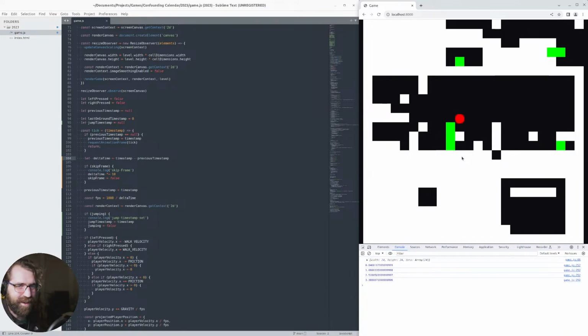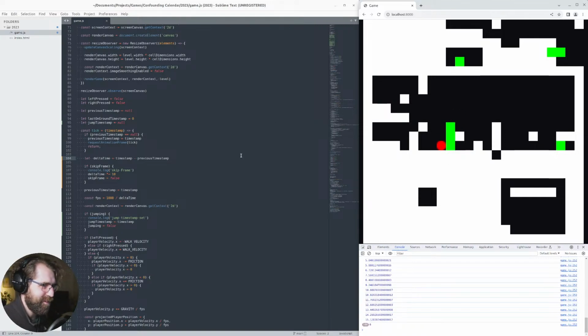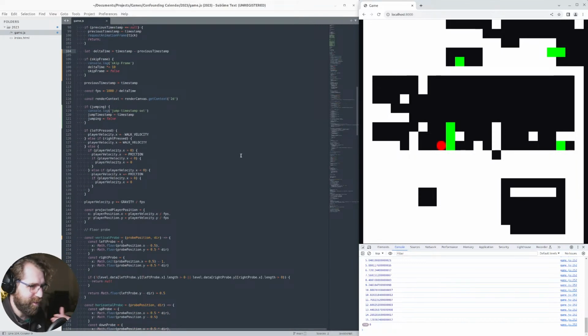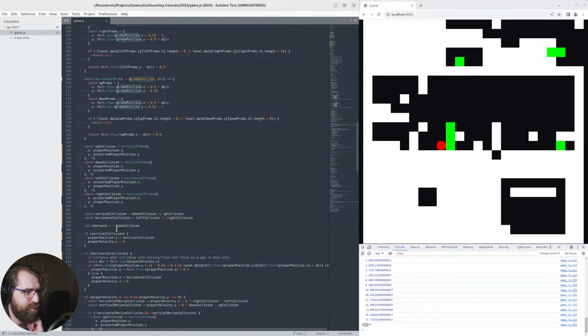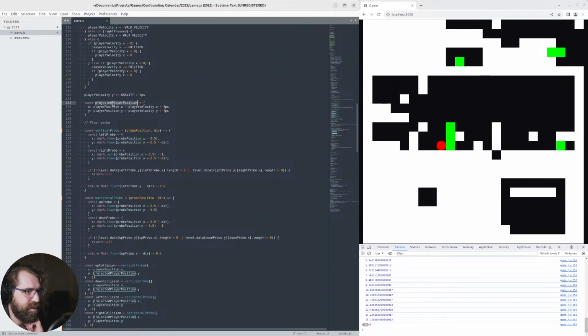I should just make my probes not based on projecting a frame forward, just projecting some distance forwards. That makes more sense, right? So projected player distance shouldn't be like this. It should just be whatever direction that is, sine times some number of pixels.